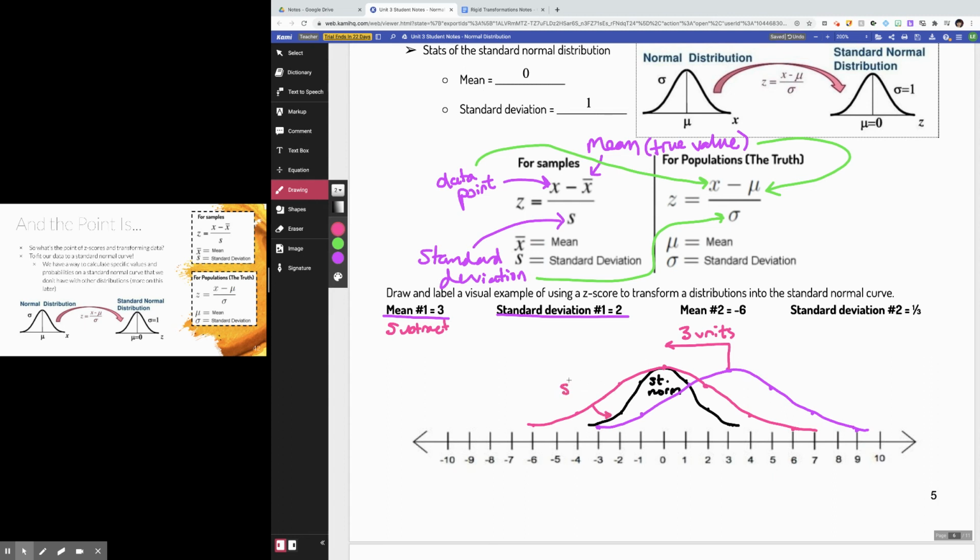We're going to shrink it by a factor of 2, and the way that we do that is by dividing. So when we divide, my new final curve is right on top of the normal curve.